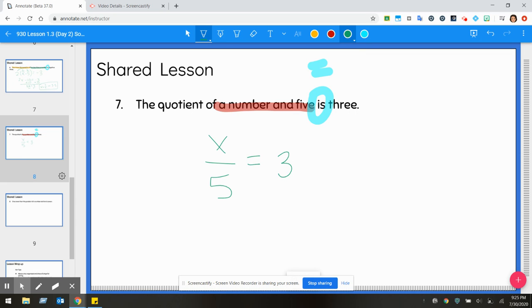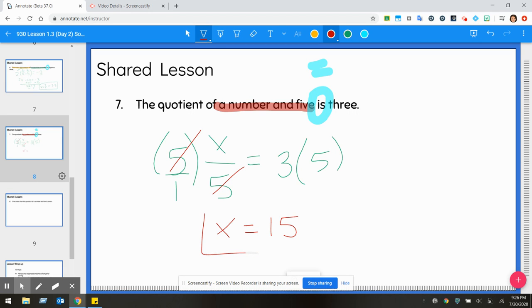I want to undo the operation of division and go ahead and multiply both sides by 5, which is the same thing as multiplying by 5 over 1. In this case, you could read it as 5x divided by 5. It's just 1x. But what you also want to start looking for is cross-canceling. And I have x equals 3 times 5, 15. X equals 15.